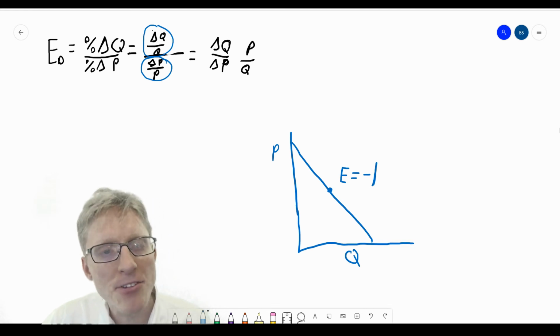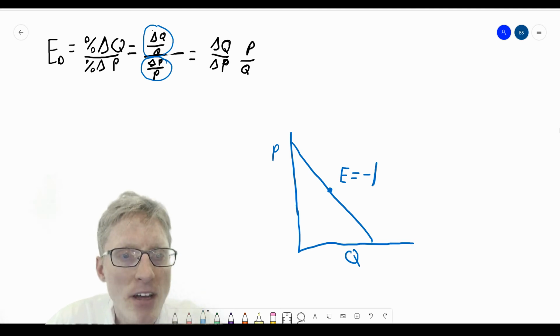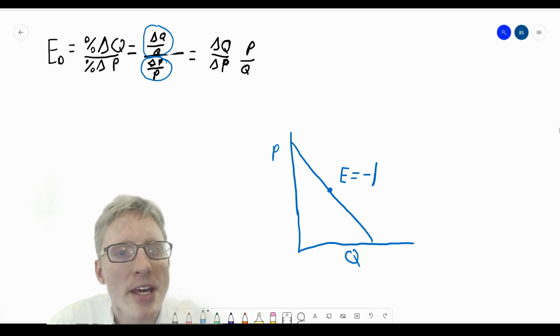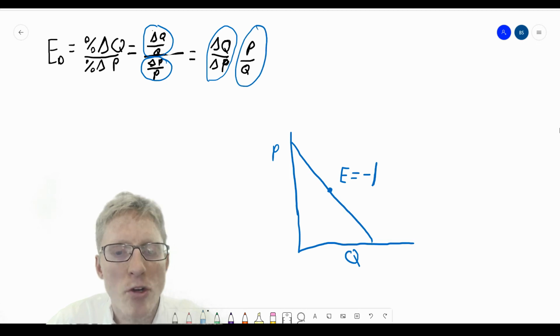Okay, and then now let's go back and look at this formula again. Here we have that the elasticity is equal to change in Q over change in P, so this is the first part, times price over quantity.